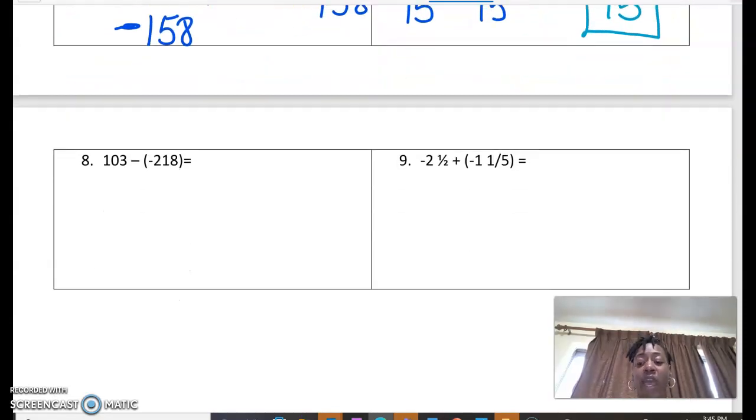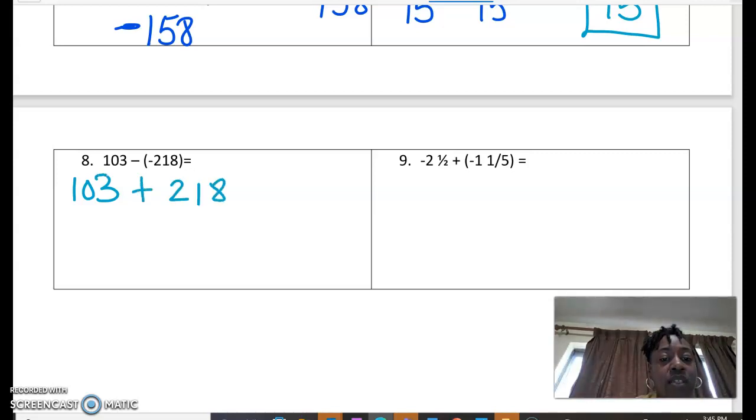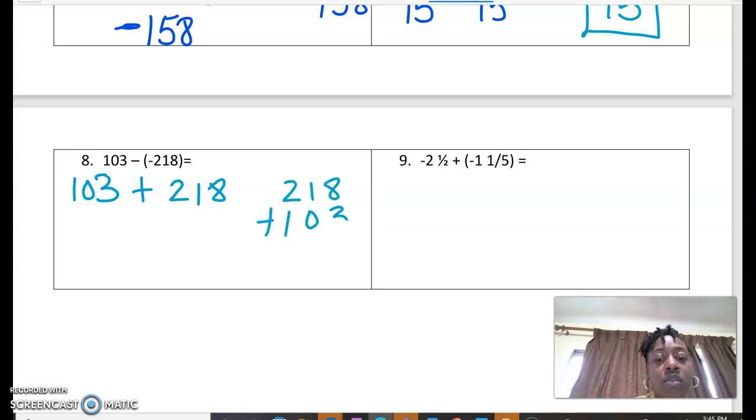All right, here's number 8. Number 8 is subtraction. The rule for subtraction: keep change opposite, because subtraction is addition. You're just adding the opposite. So this problem is really 103 plus 218. And I'm just going to set up my vertical addition.